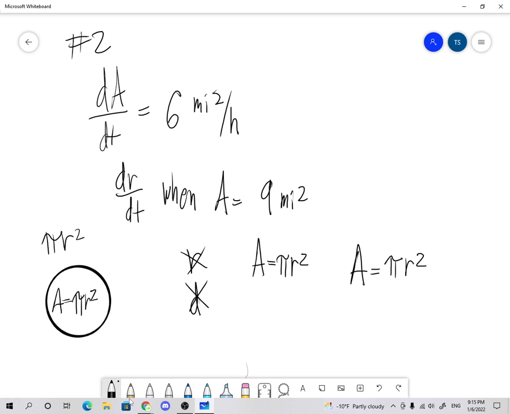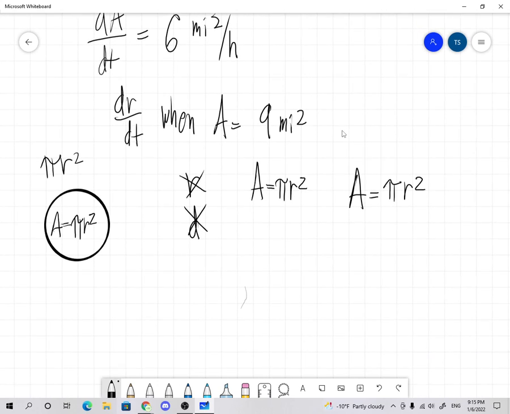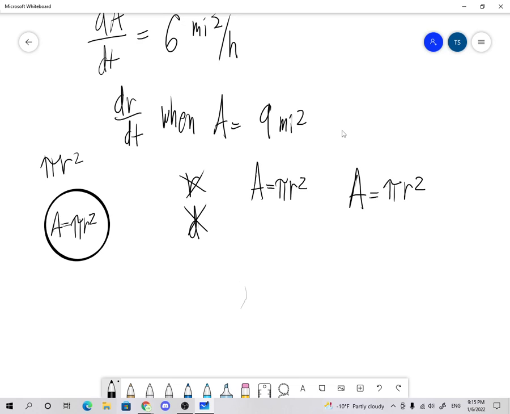Okay, so first and foremost, I'm going to solve for r. There's a couple ways you can do this, but I'm going to first substitute in 9 miles squared, and set that equal to the equation I have for the area of a circle. Then I like to divide by pi first, but obviously there's many ways you could do this.